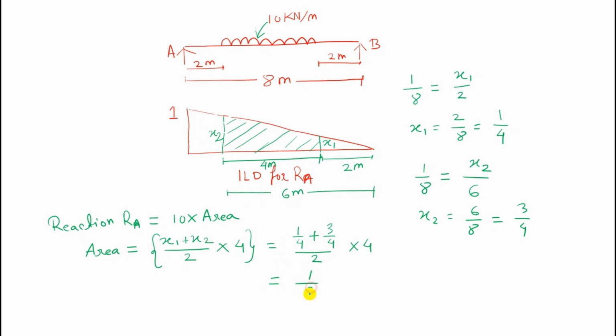So that is half into 4. So this is 2. So the reaction RA will be 10 multiplied by 2, that is 20 kilonewton.